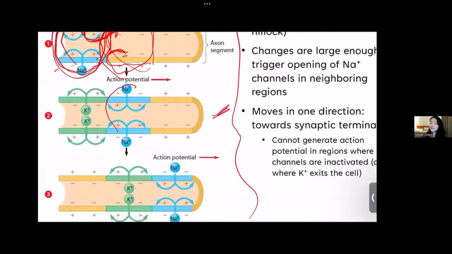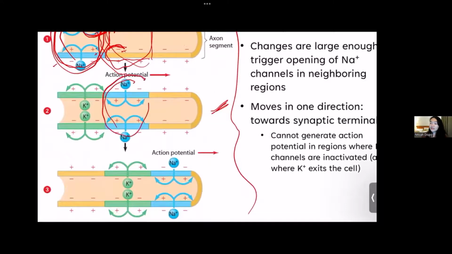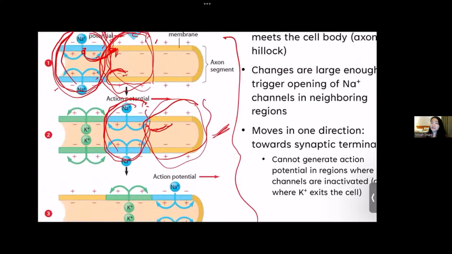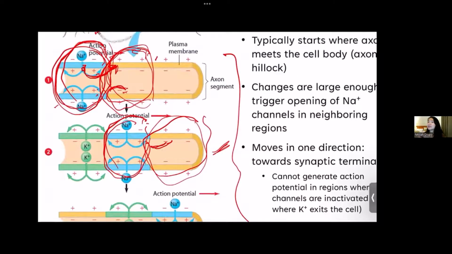Okay, and again, this influx of sodium ions from the action potential that was triggered is strong enough to make this neighboring region reach threshold, thus triggering another action potential here. Okay? So this happens along the axon up to the synaptic terminals. And we have to note that it only moves towards the synaptic terminals and not back to the cell body.